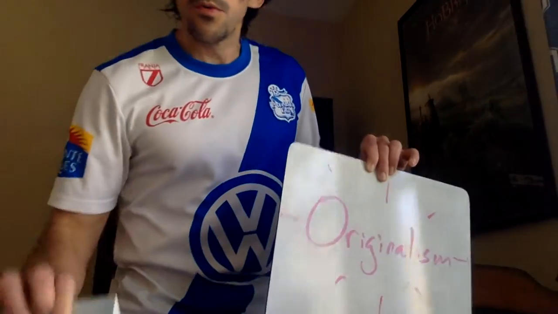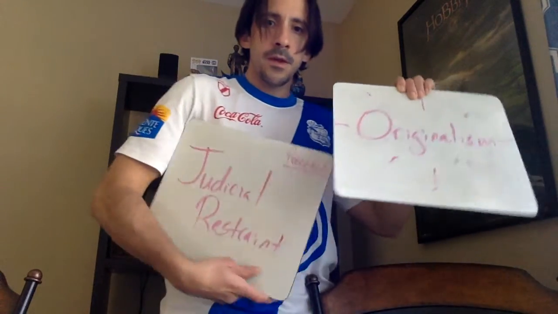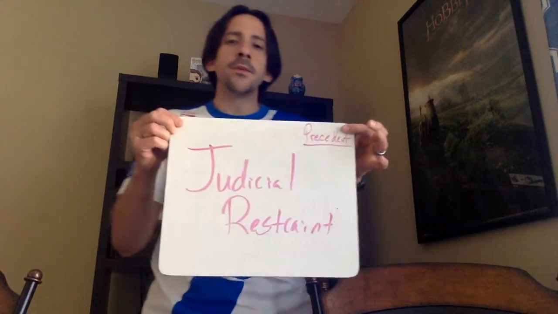Okay, so one thing I want to point out is this idea leads to judicial restraint. Now, judicial restraint means, and the key word here is precedent, that judges restrain themselves and they defer to precedent, meaning past cases.